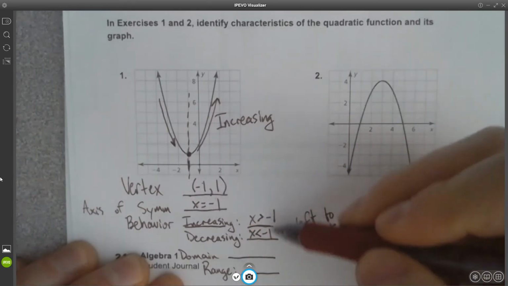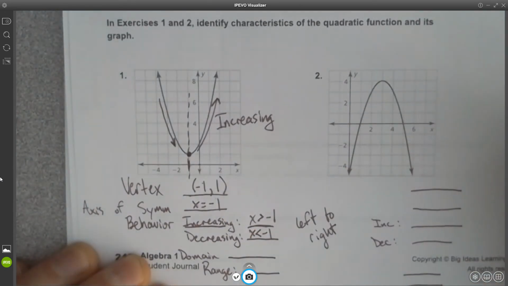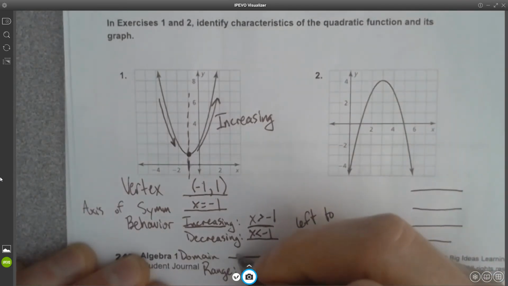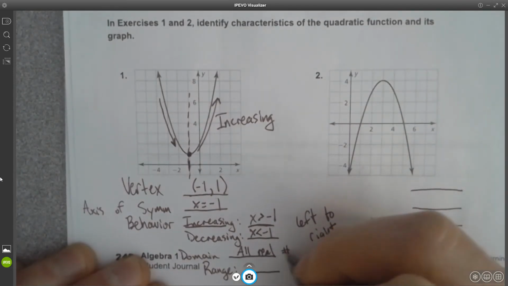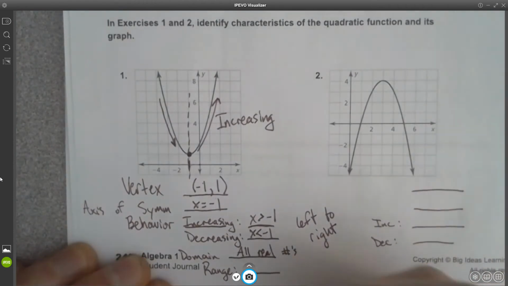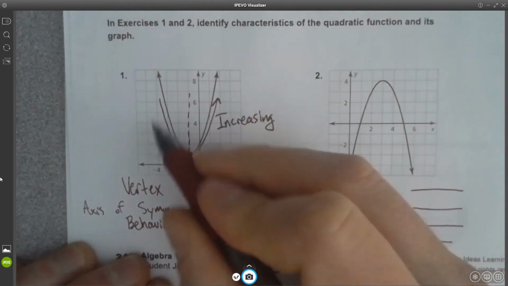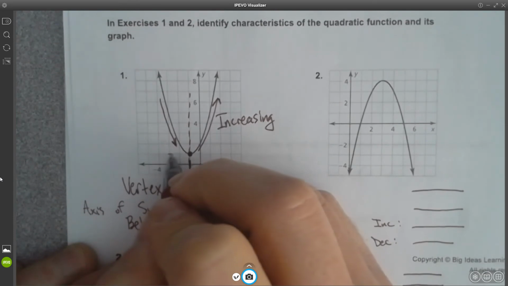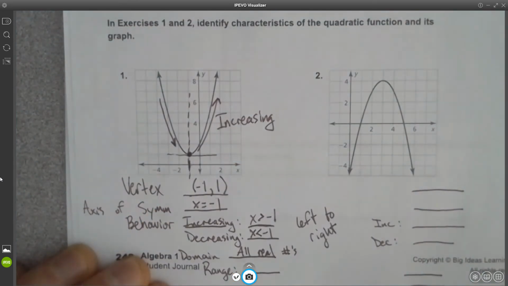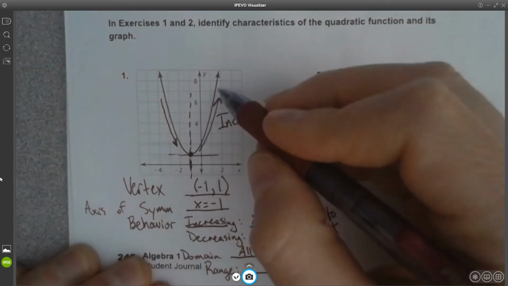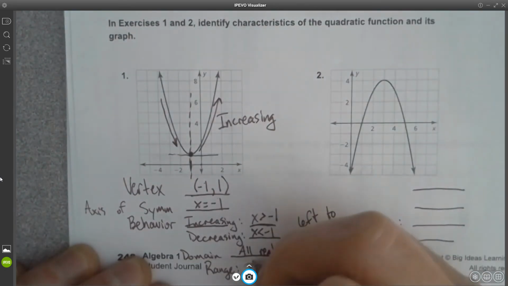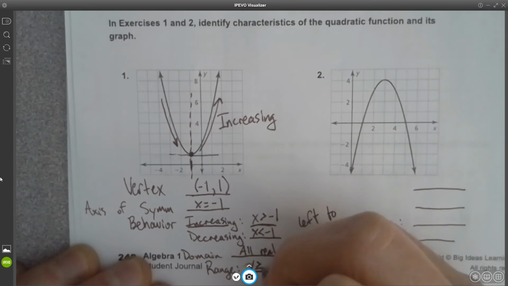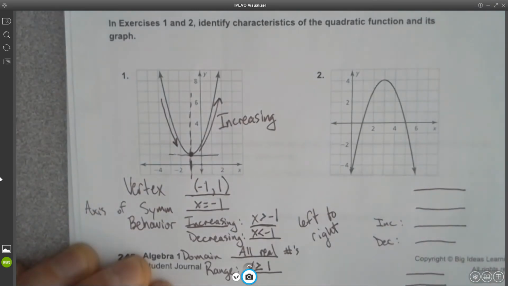So we're using that same x value from the vertex all the way through. As I mentioned before, domain is always all real numbers. And the range here, this graph points upwards. So that is my bottom y value at 1. So that means that I never go below 1. So every y value is greater than or equal to 1.